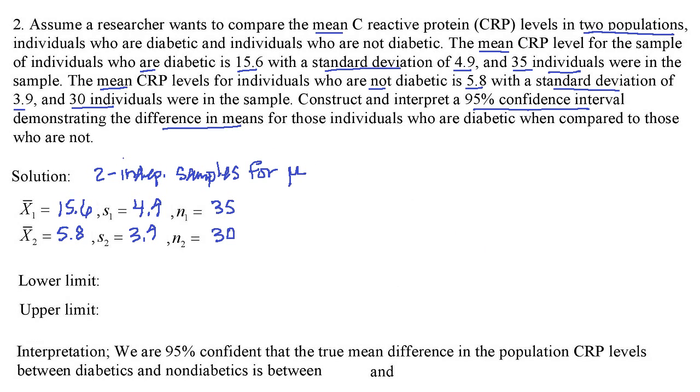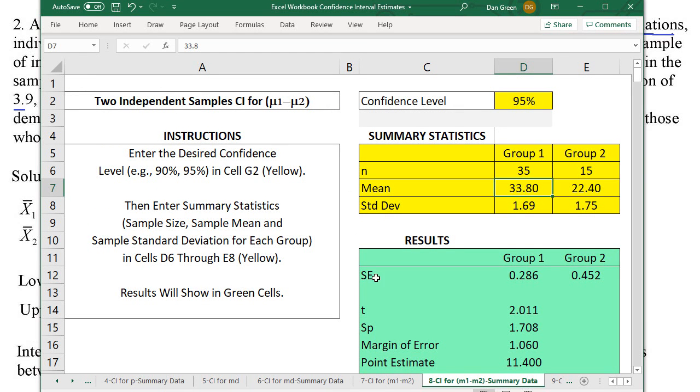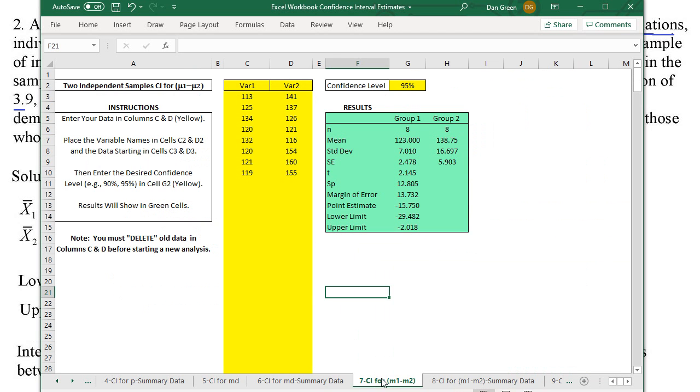So if we go to Excel, we want tab 8, which is confidence interval mean 1 minus mean 2 summary data. So two independent samples here, confidence interval for mean 1 minus mean 2. Now the other confidence interval for two independent samples is the one with the data.